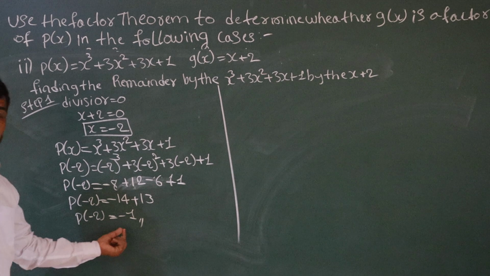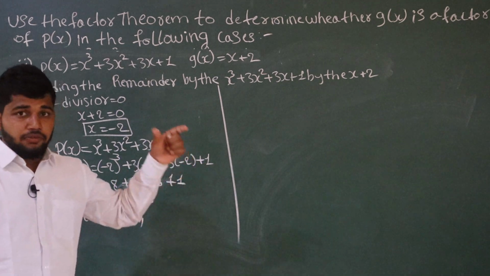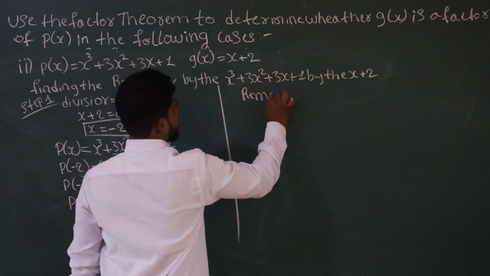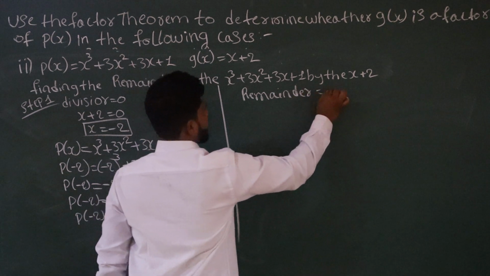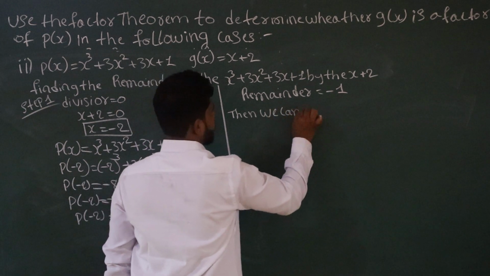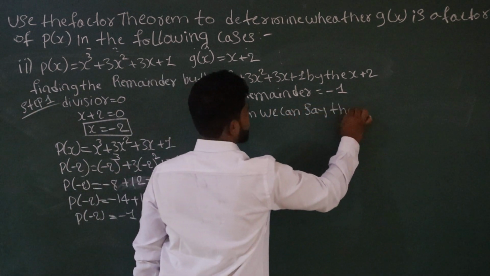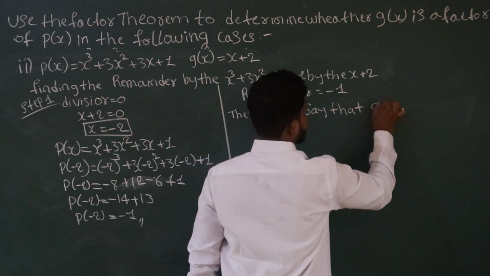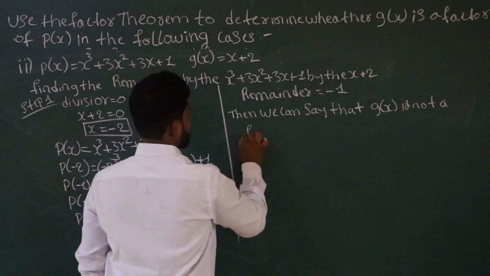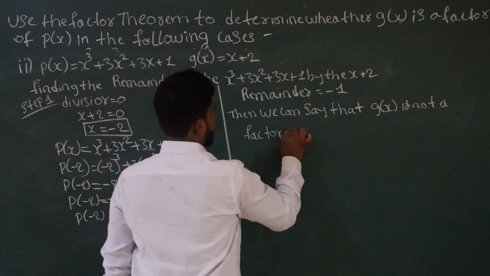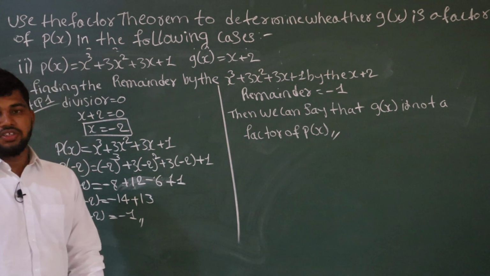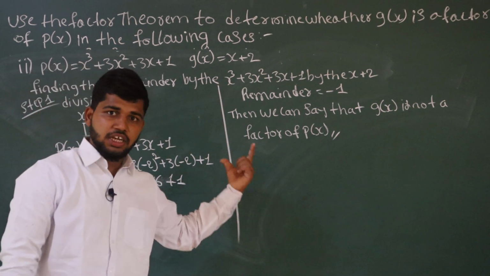But you got the remainder equal to minus 1, so we can say that g of x is not a factor of p of x, because we are getting the remainder equal to minus 1.